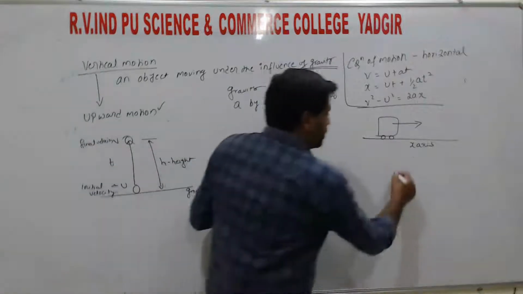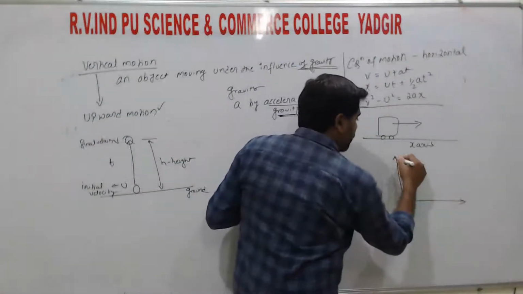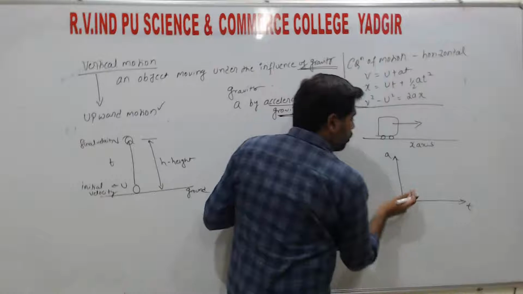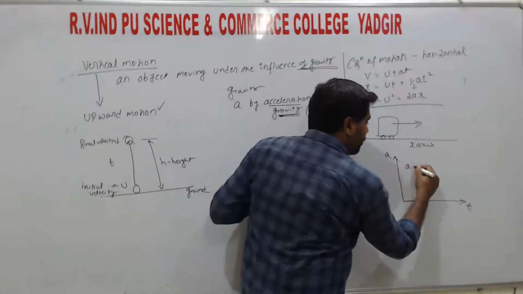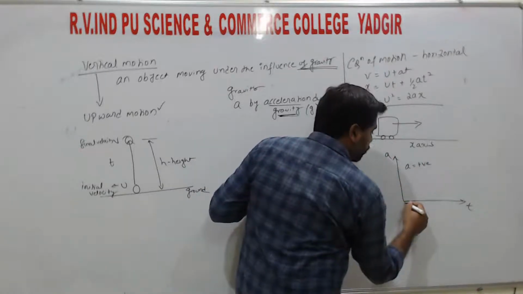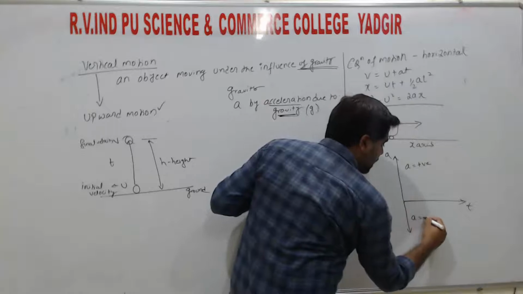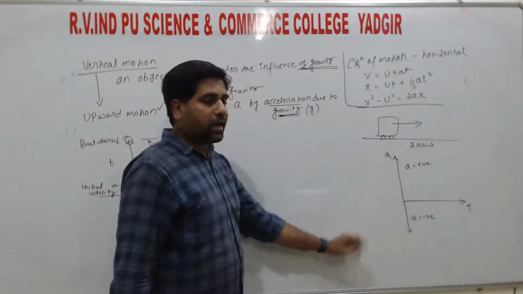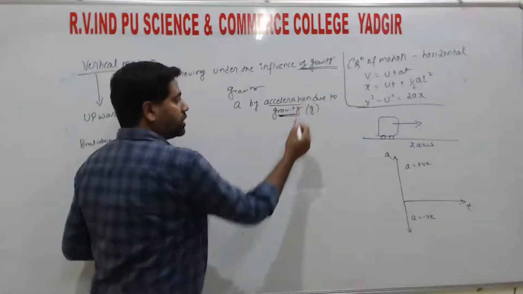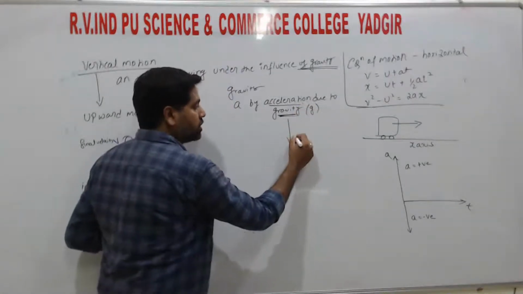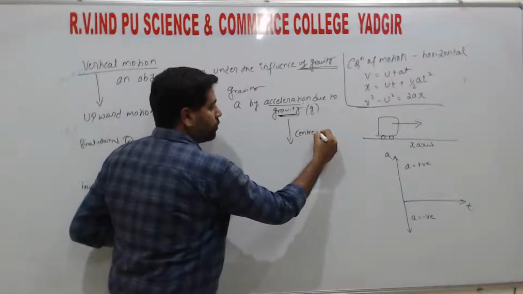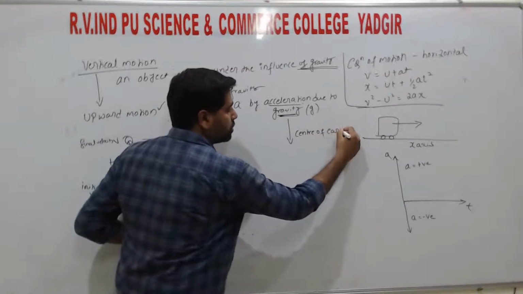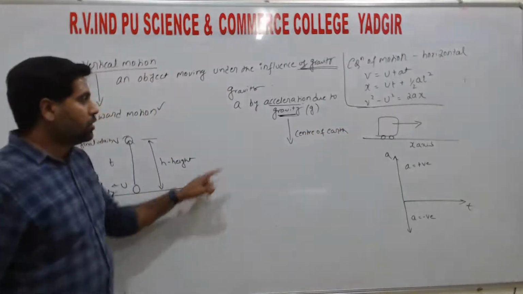So in the coordinate axis, that is from the a-t graph, in the upward direction we always take a as positive, and in the downward direction a is taken as negative. But the acceleration due to gravity is always towards the center of the earth.